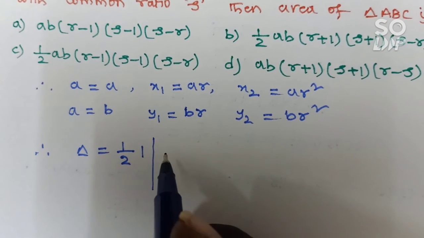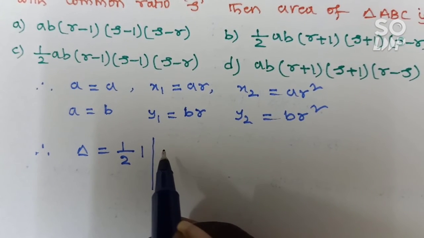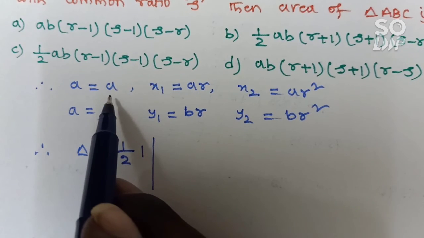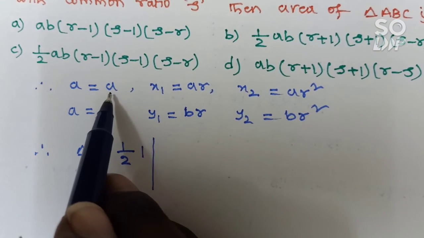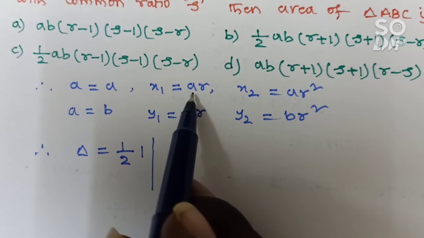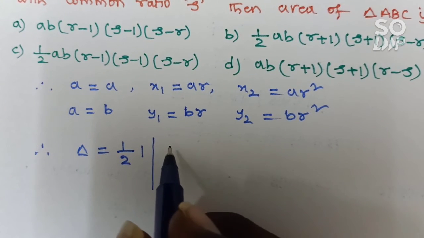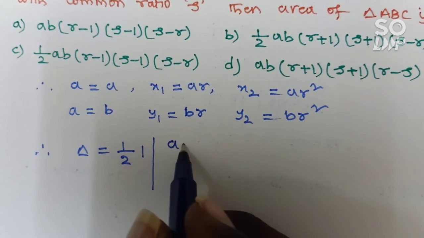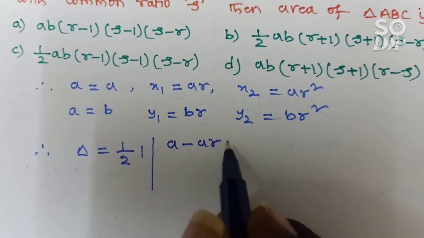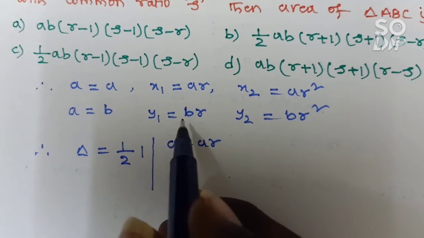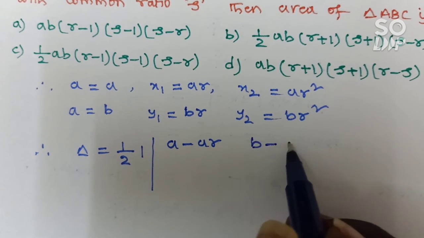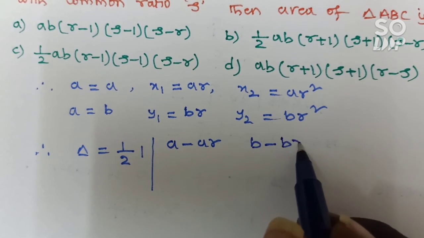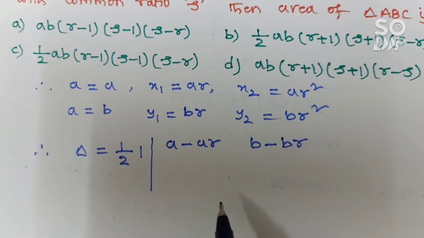Now, according to the area of the triangle formula, you can write x1 minus x2. Here x1 is a, x2 is a into r, that means a minus a into r. y1 minus y2 is b minus b into r.